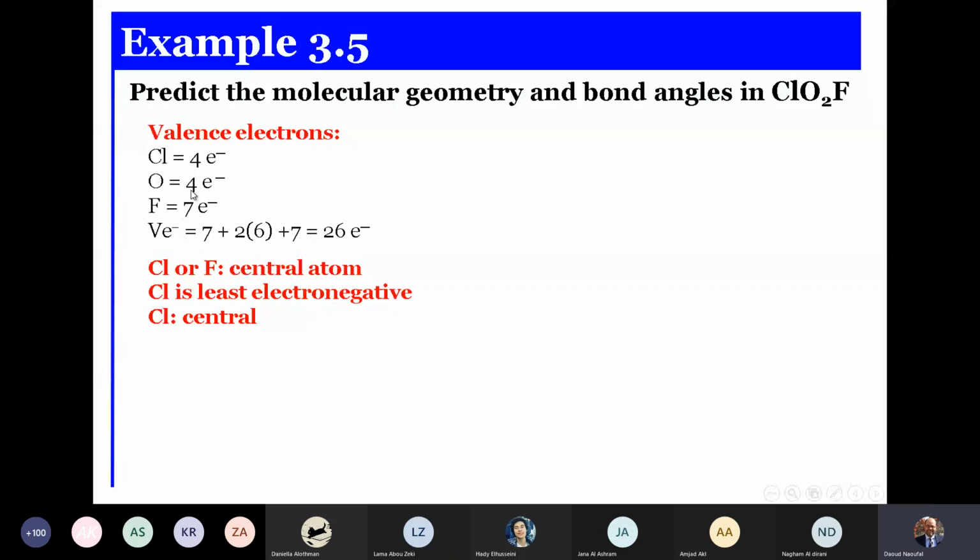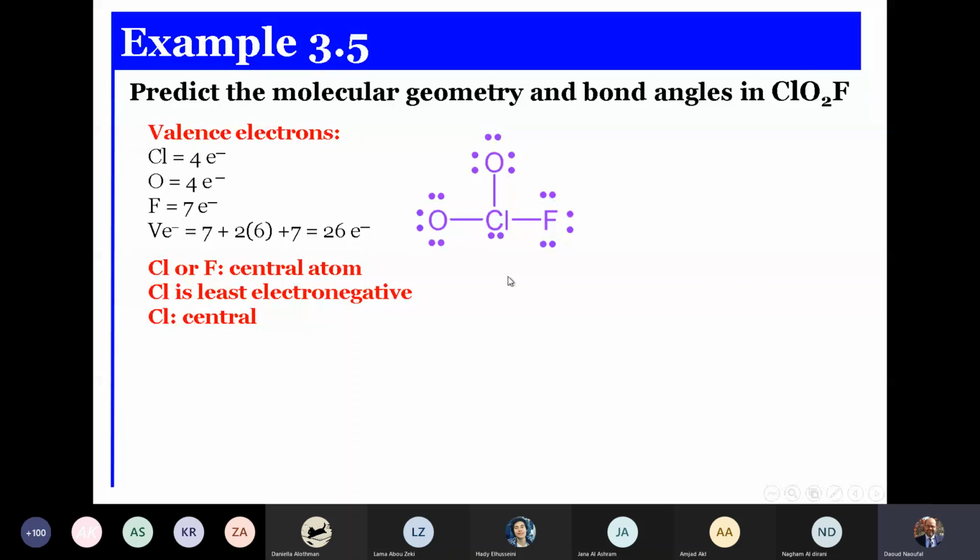The oxygen has 6 valence electrons. That was typed incorrectly. So the Cl is 7 electrons, the oxygen is 6 electrons, and the F is 7 electrons. So the valence electrons is 7 for Cl, plus 2 times 6 for oxygen, plus 7 for the F. So we have 26, and the Lewis structure is the following.